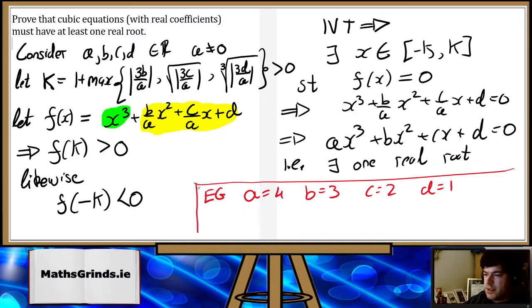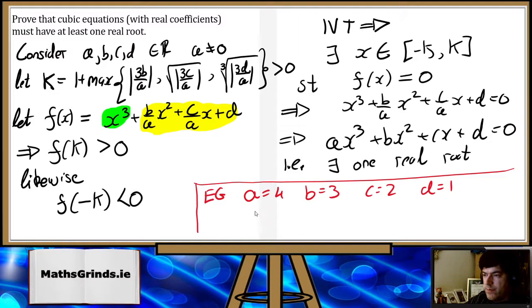I think I got something like k will equal 3.25. So there's a root between minus 3.25 and 3.25, and it was something like somewhere near 0.5. I don't remember. You can calculate this for yourself.